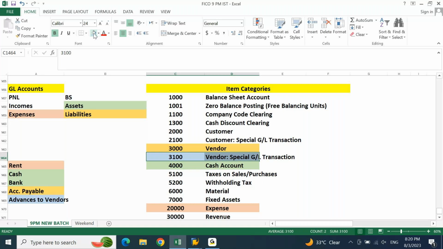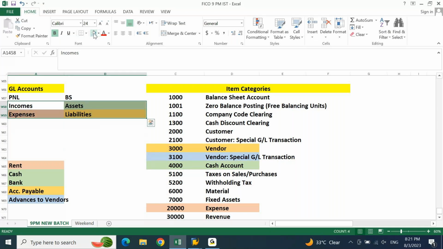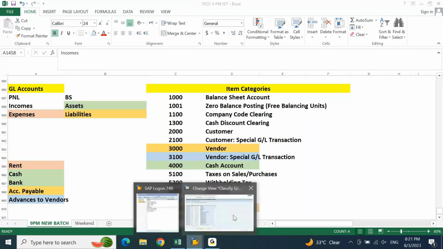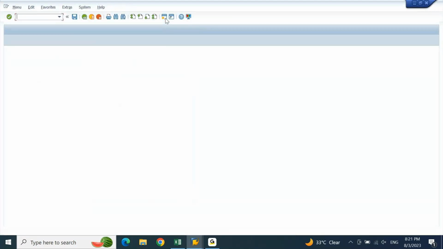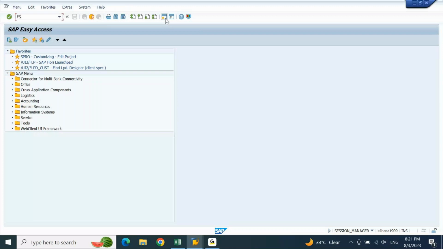Point number one, when you're creating the GL account, when you're creating the chart of account, it is strictly not advisable to create 4 account groups. Strictly, you're not supposed to create 4 account groups, no matter what. Let's say, for example, if I show you GL master, this is one of the major mistakes a lot of people will do.